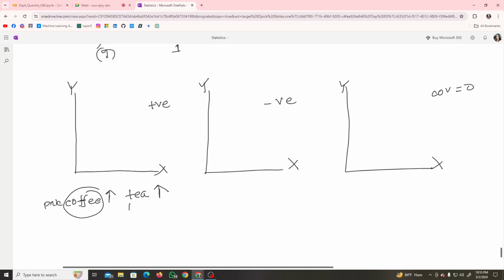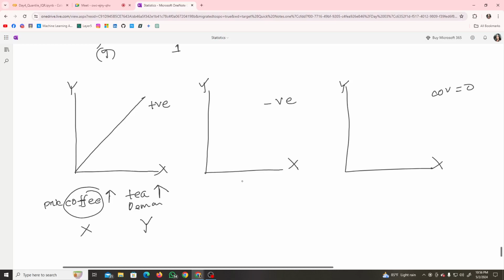So the demand of tea is also increasing. In this case, X and Y are increasing proportionally. So for this, you can get a graph similar to this. You can tell the graph is in an upward sloping direction.